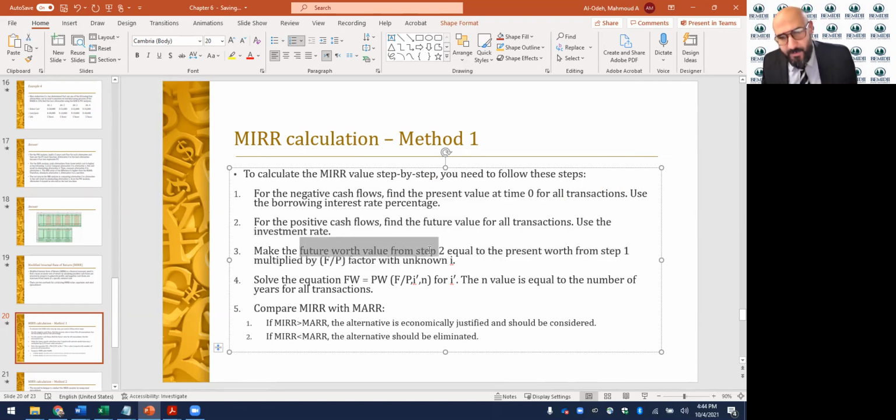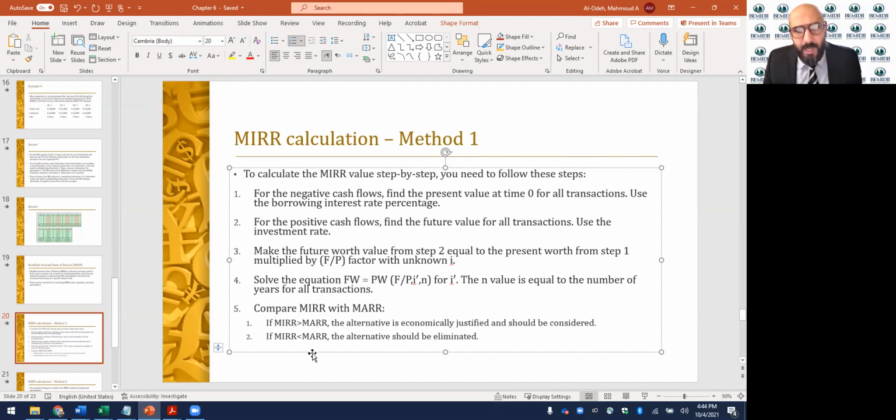And then make the future value from step two equal to the present worth from step one by multiplying F over P, which is you calculate the future value given the present value with unknown i. And then you solve the equation: future worth equals the present worth times F over P, i, and n. The n value is equal to the number of years for all the transactions.